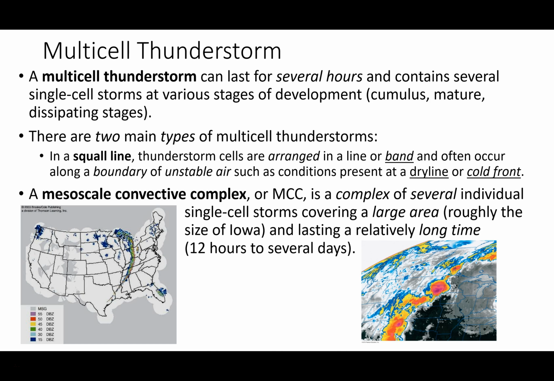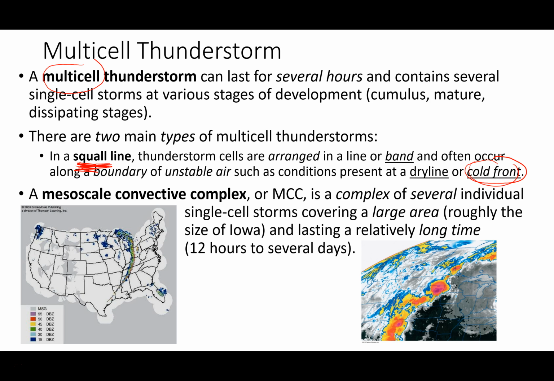Of these two multi-cell thunderstorms. Now, the things we just talked about were single cells. A single cell will go through the cumulus, mature, and dissipating stage. But if you get a bunch of them together, there are two types, and I want to talk about the squall line type. The squall line type is oftentimes associated with a cold front or a dry line, which is another type of front.